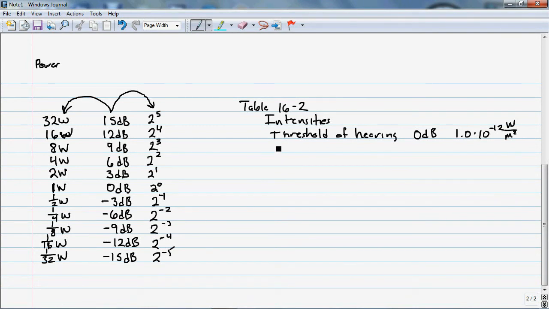If somebody's talking and we're looking at about 50 centimeters, that's about 65 decibels, or the intensity is about 3 times 10 to the minus 6th watts per meter squared.